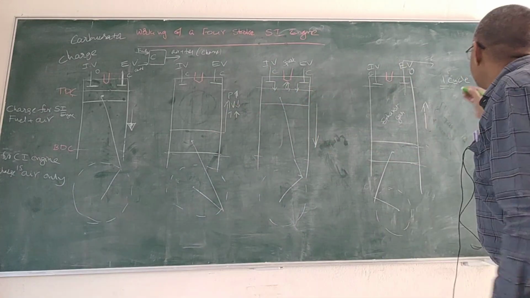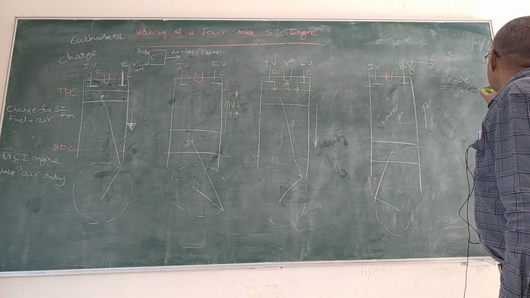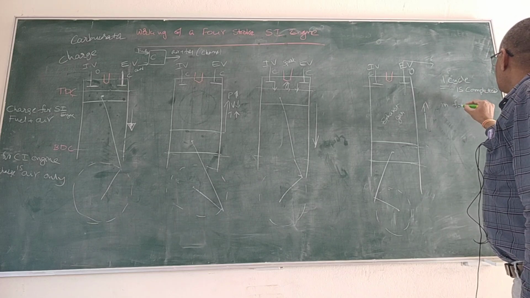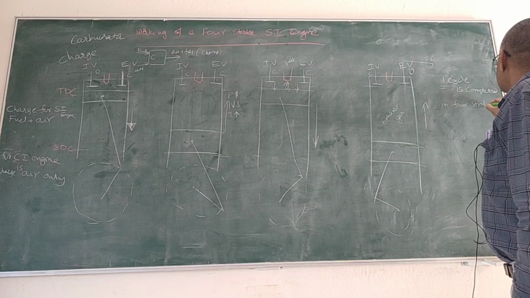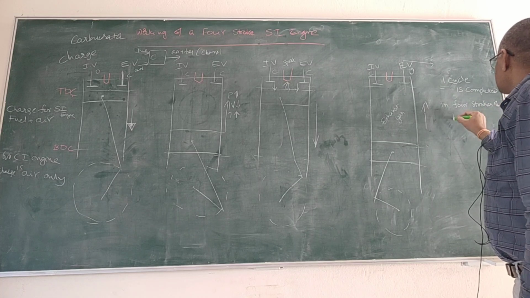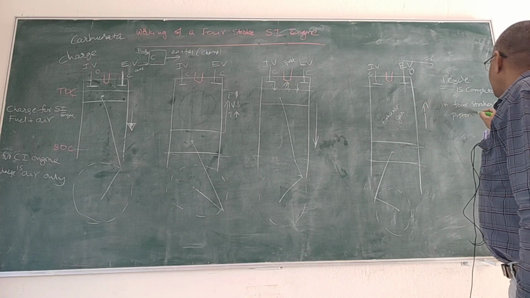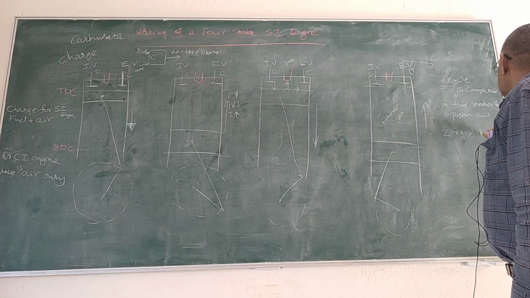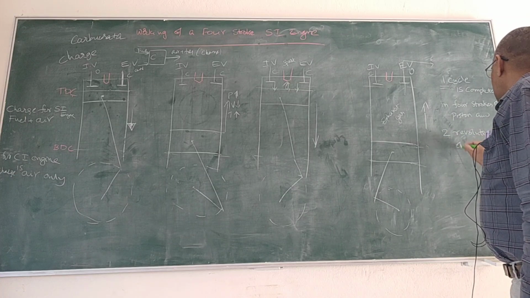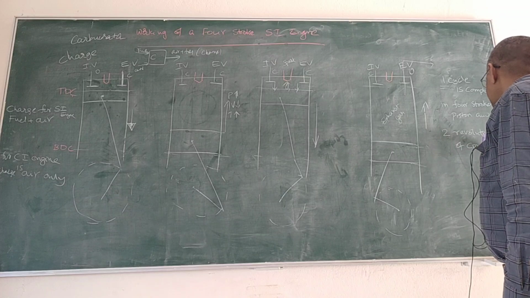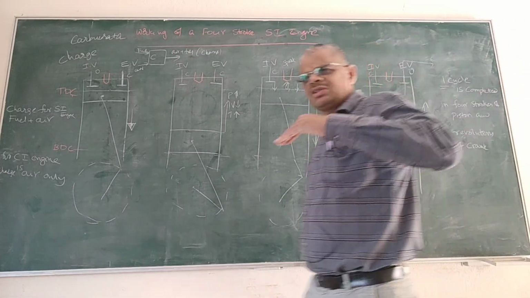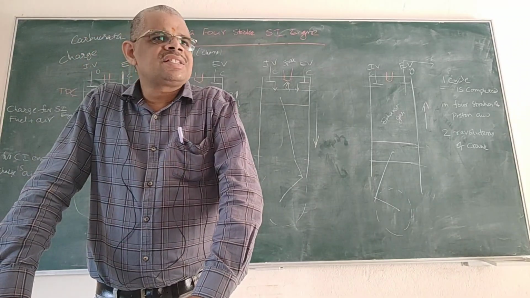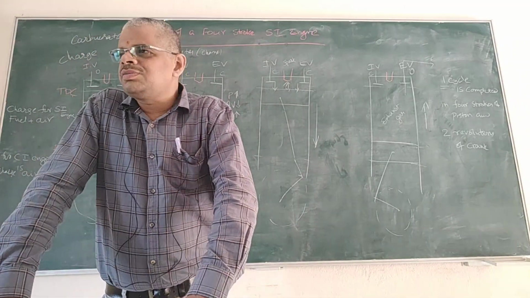So here the cycle is completed in 4 strokes of the piston and 2 revolutions of the crank. When the piston makes 4 strokes, obviously the crank can make 2 revolutions. So here the entire cycle is completed in 4 strokes.